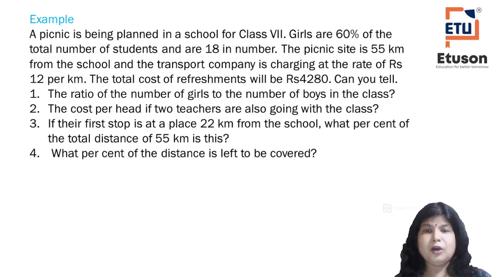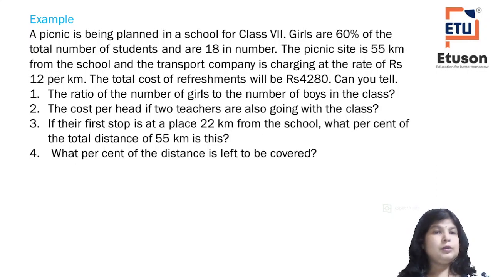The total cost of refreshment will be rupees 4280. Can you tell the ratio of number of girls to the number of boys in the class? And the cost per head if two teachers are also going with the class.